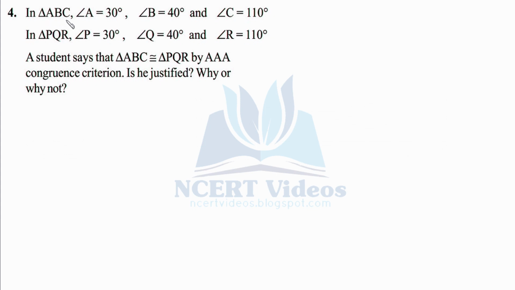Question 4. In triangle ABC, angle A measures 30 degrees, B 40 degrees, and C 110 degrees. In triangle PQR, P is 30 degrees, Q 40 degrees, and angle R measures 110 degrees. Now, a student says that triangle ABC is congruent to PQR by angle, angle, angle. Is he justified? Why or why not?